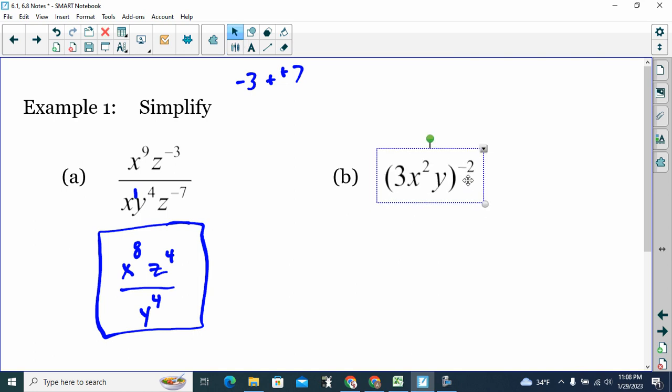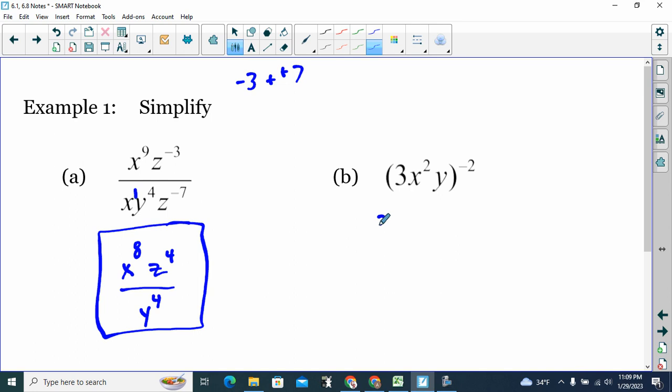Part B, we have 3x squared y, all raised to the negative 2nd power. I only have products in here. I don't have any plus or minus, so I can distribute this negative 2. So it's going to say 3 to the negative 2nd, x squared to the negative 2nd, y to the negative 2nd. So I raise each thing to the negative 2nd power. Right here, the x's, I have power of a power.